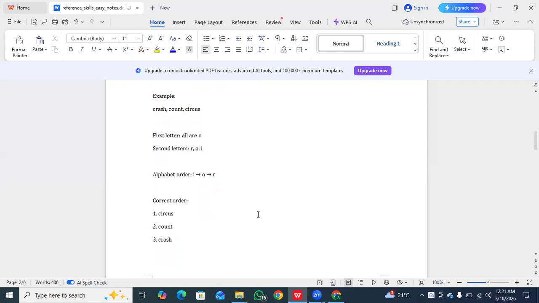You have to look at the second letters in this situation. When the first letters are the same, then you have to look at the second letters so that you can arrange them in correct order.